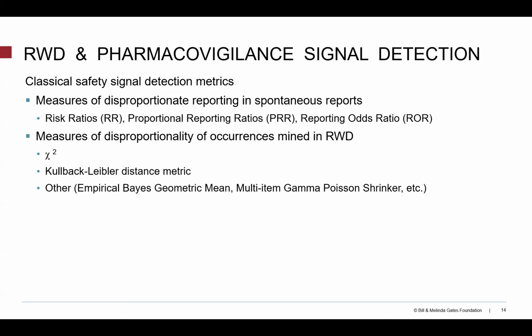Chi-square and odds ratios are the classical statistical ways this is done, but there are other methods that have been introduced over the past 20 to 30 years that are supported by free and open source software packages that you can use, the R system, for example, as well as commercial packages that sponsors and your agencies use.